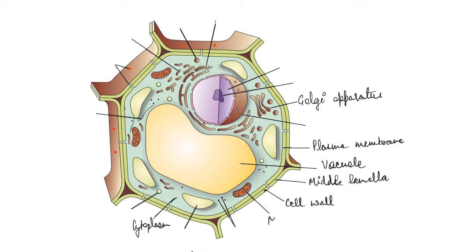You have the powerhouse of the cell, which is mitochondria. You have ribosomes, again very important in translation. You have chloroplast. You have peroxisome. You have microtubule.